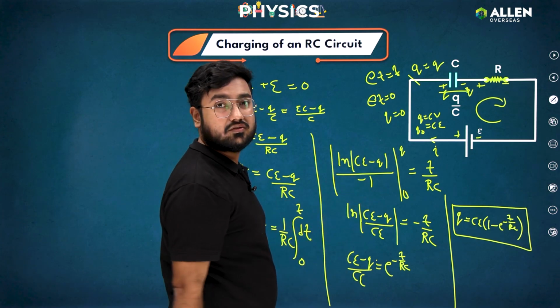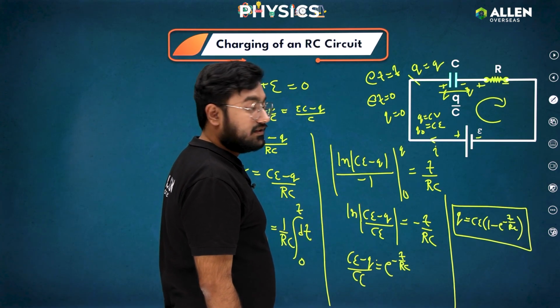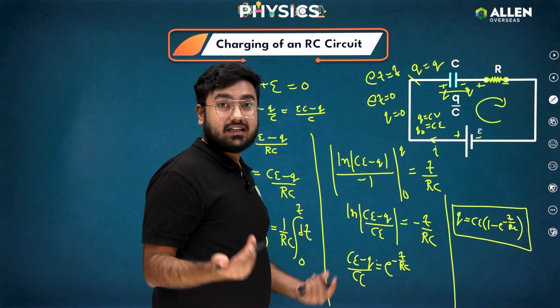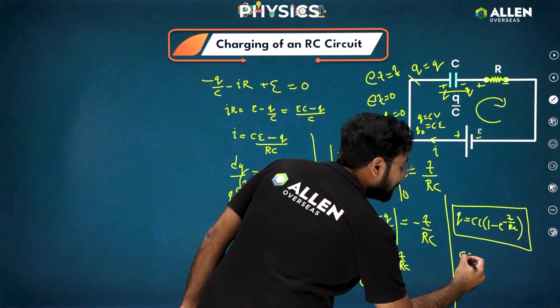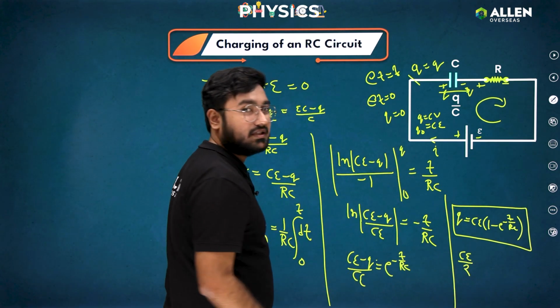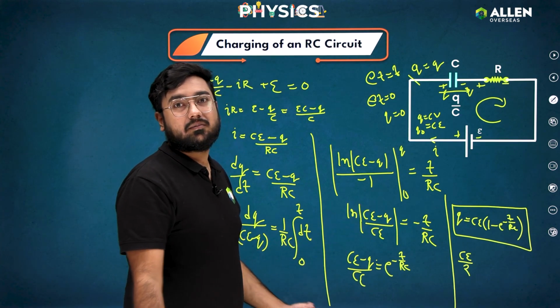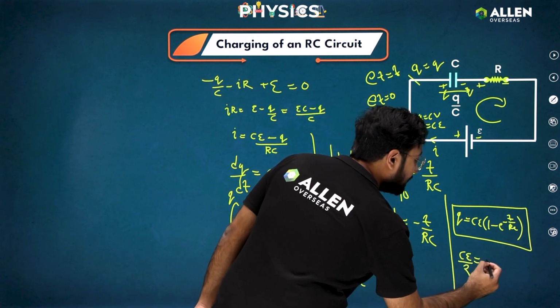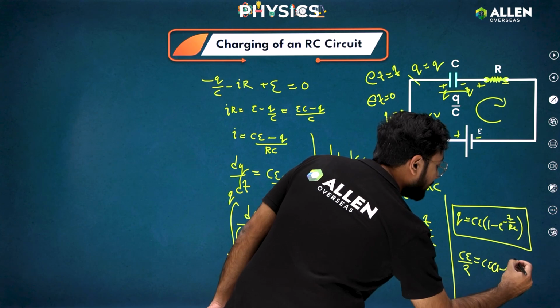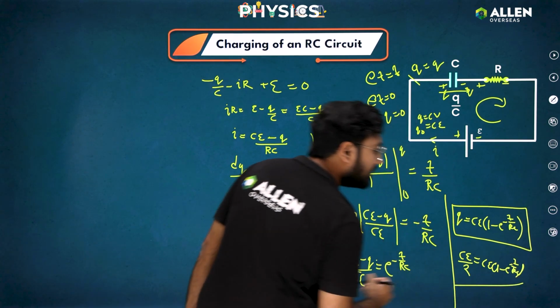So if I have to get half of the maximum value, the value of Q they have given us is CE by 2. This is equal to CE times (1 minus e to the power minus t by RC), and you can calculate the time from here.